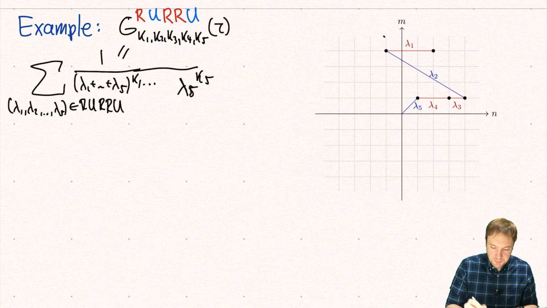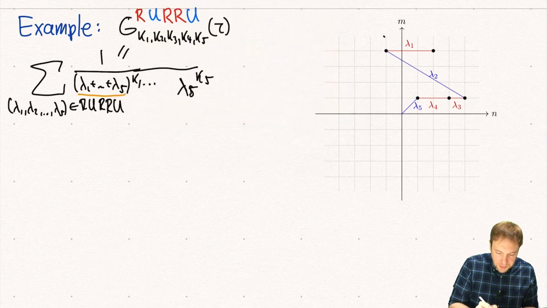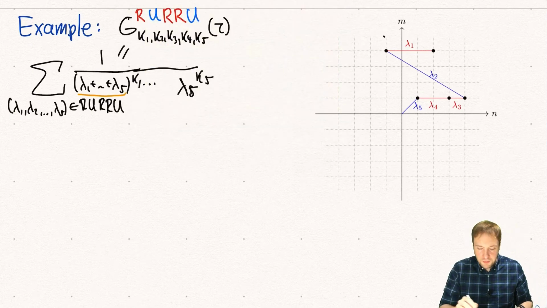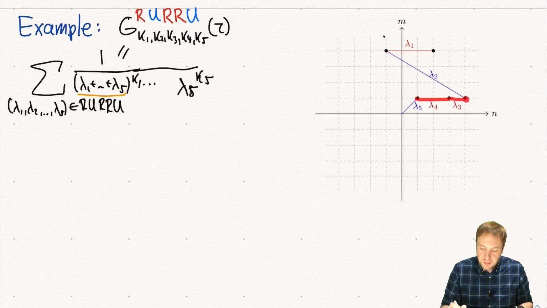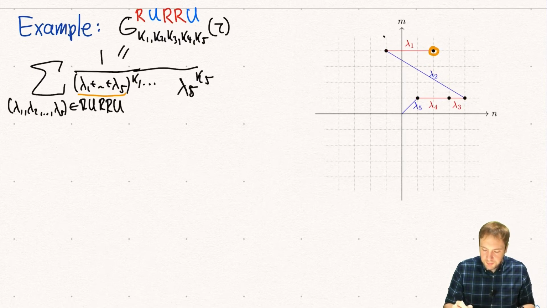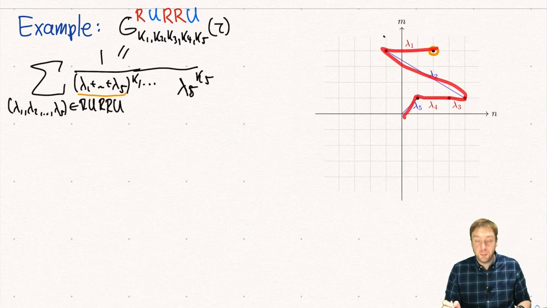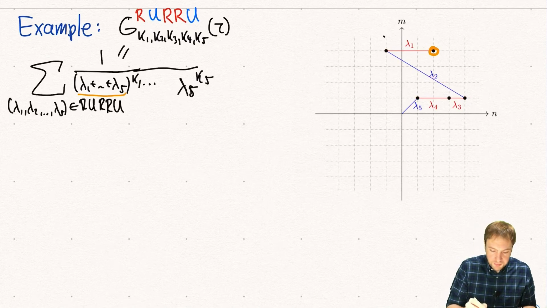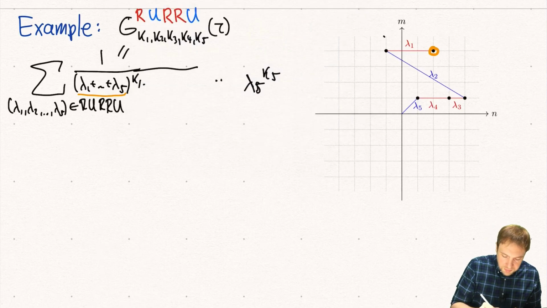So here, this point, lambda 1 plus lambda 5, we see lambda 5 is in U, so for example it could be this: lambda 4 is in R, lambda 3 is in R, lambda 2 is in U, and lambda 1 is in R. So this point here is the sum of these three lattice points. And so maybe I should write it out here. What is the second part here? It's lambda 2 plus up to lambda 5, to the K2.